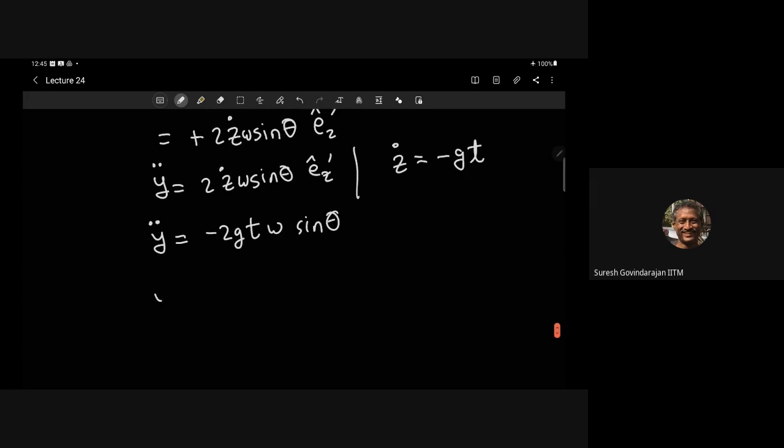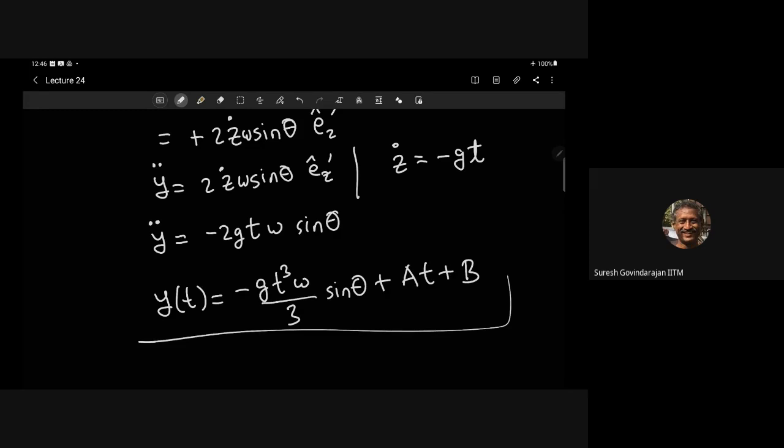Okay, so we'll get y of t will be t square by 2 times this thing, so that will be minus. Sorry, I'm not so good at this. I have to do it. Where a and b are integration constants.